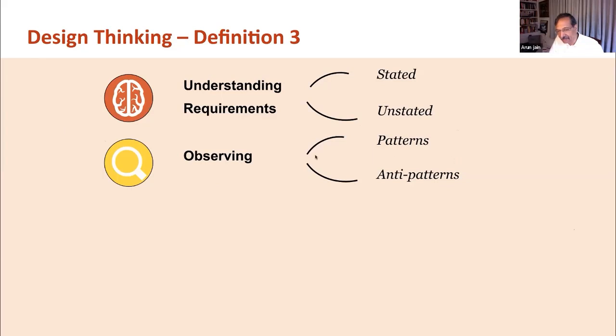Then I observe the patterns and anti-patterns. Patterns and anti-patterns means I will be observing what works in Ayurveda, what works in Siddha, what works in homeopathy, in which scenarios they work very well, and in which scenarios they don't. So each system of knowledge would have some 1,000 gram impact items where the impact will be high, and some places where it may not be working, which is anti-pattern.